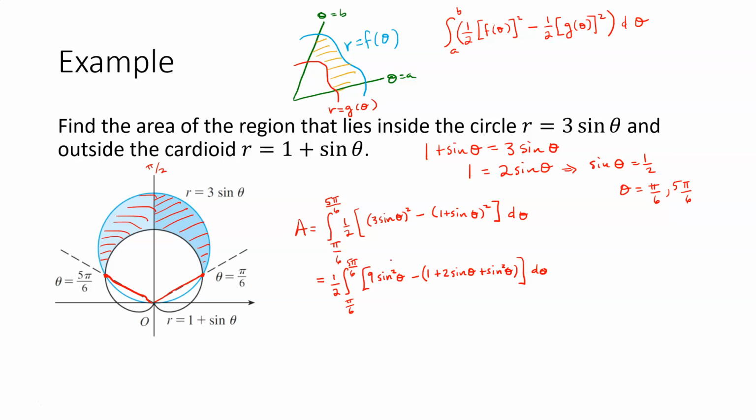One thing I'll do first is combine 9 sine squared theta minus sine squared theta, so we get 8 sine squared theta. Next, I'll replace sine squared theta with our power reducing formula. We know sine squared theta is equal to 1 half times 1 minus cosine of 2 theta.